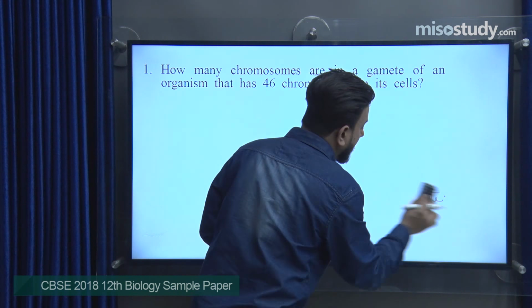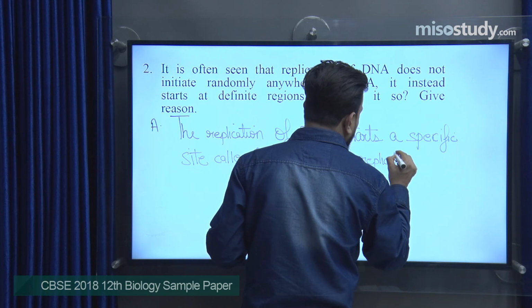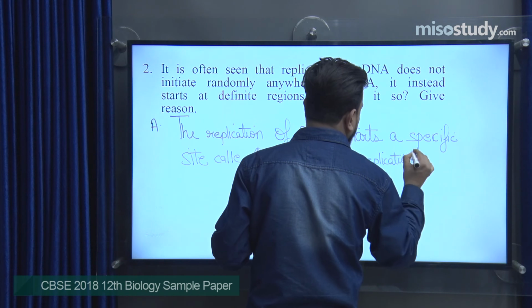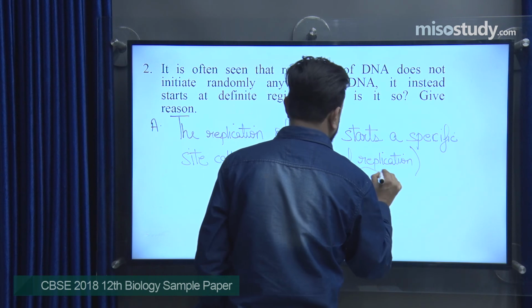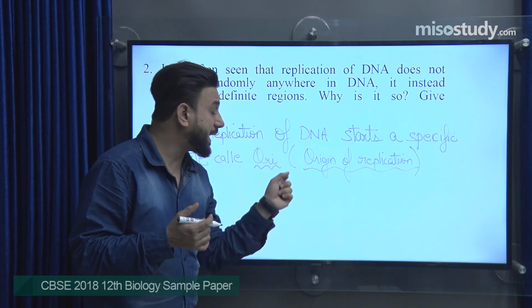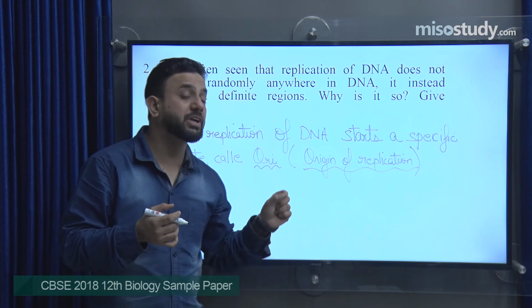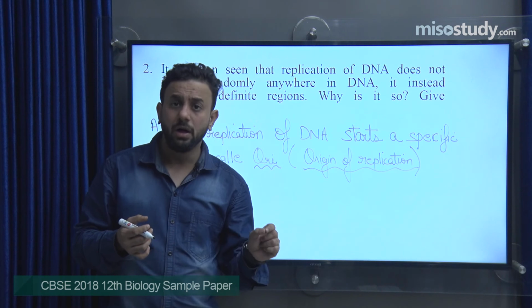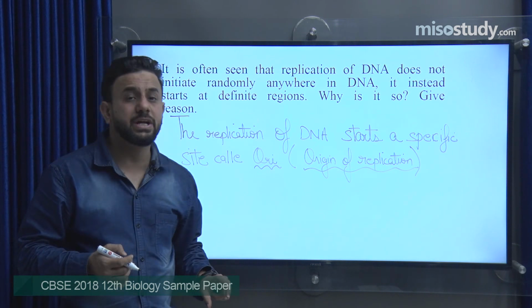Now what is this ori? This ori is nothing but the origin of replication. That means the replication is starting at this point of the DNA. Clear?